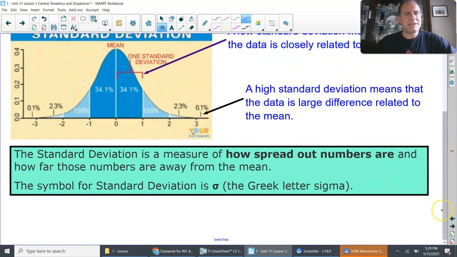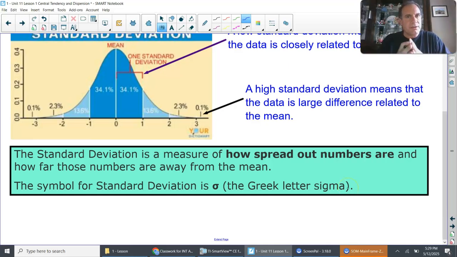Standard deviation is a measure of how spread out the numbers are. So the more spread out, the further those numbers are away from the mean, the larger the difference is from that mean. It's not a good representation.